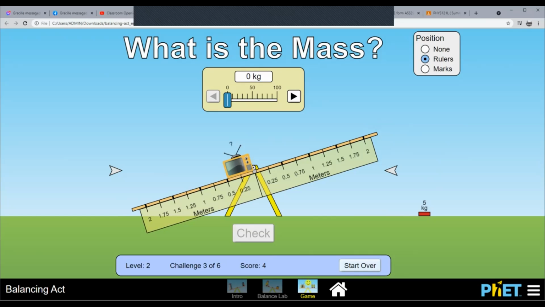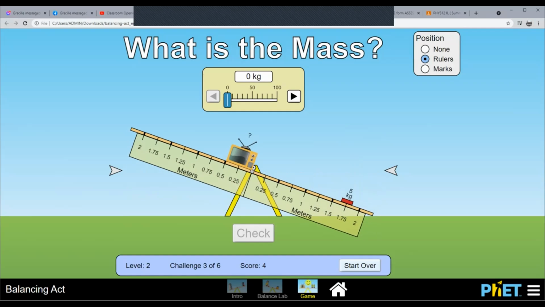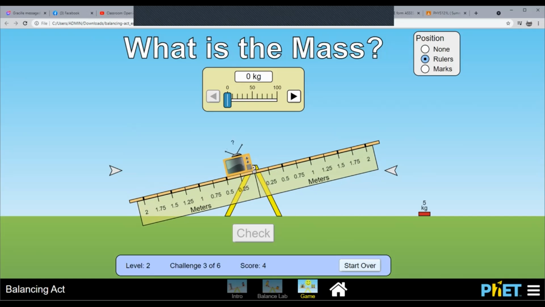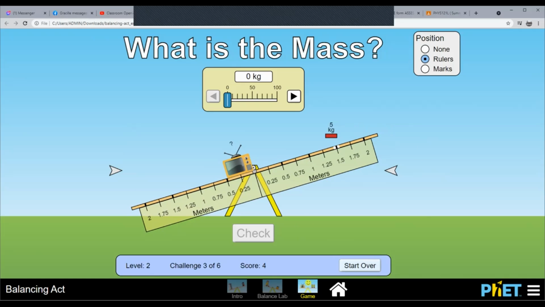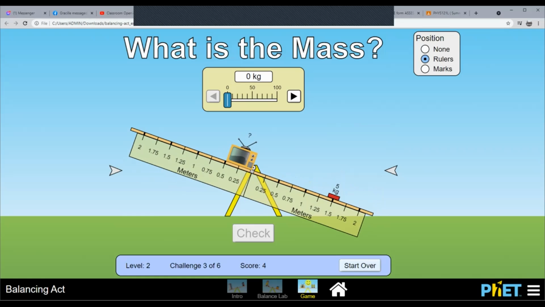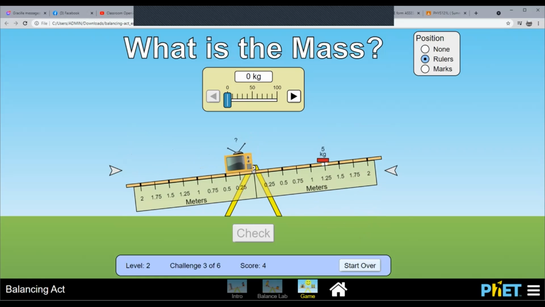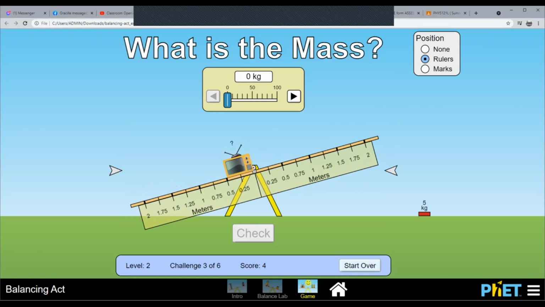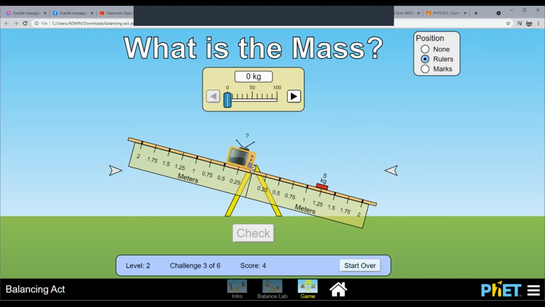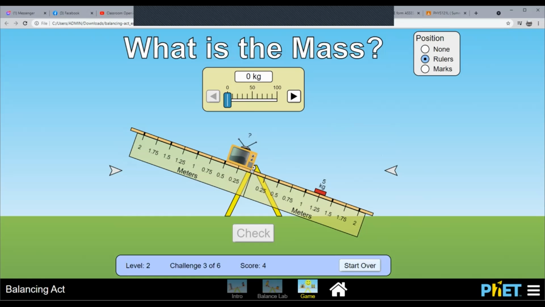You analyze it first, ha? So 1.75 pa rin. If we place it at 1.5, this 5 kilogram, still, we have no balance condition here. If we place it at 1.25, still no balance condition.